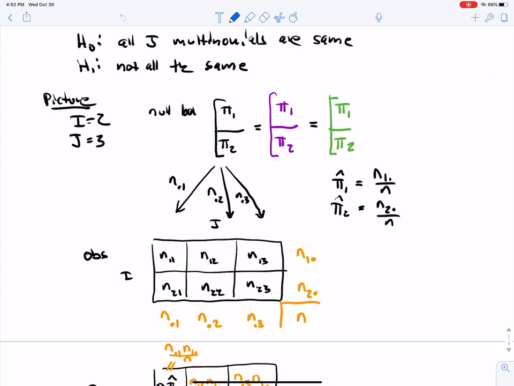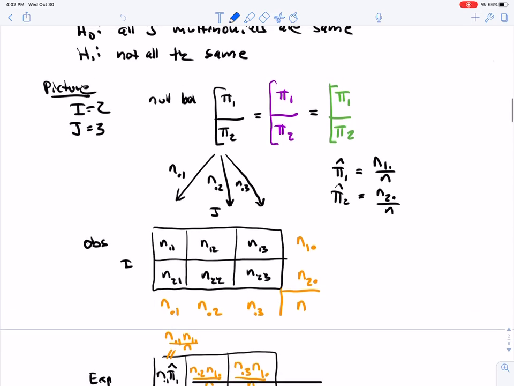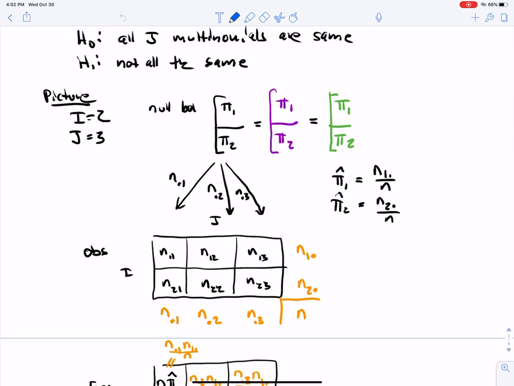So we're going to need to estimate pi 1. Since we don't know what pi 1 is, we're going to estimate it. We have three different subpopulations: the black, the purple, and the green.